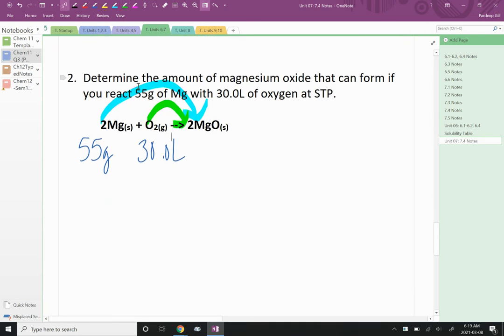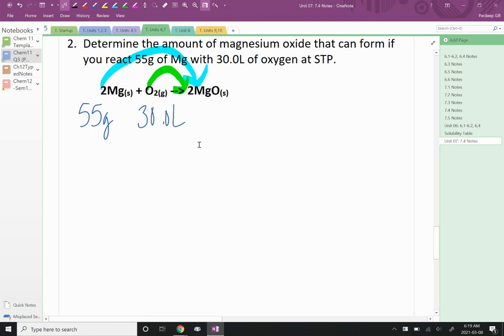The reason I have two mole bridges is because I have two starting pieces of information. In the previous questions, you might have only had one starting amount and one mole bridge. So here we have to figure out which one is going to give us the true answer, the limiting product.